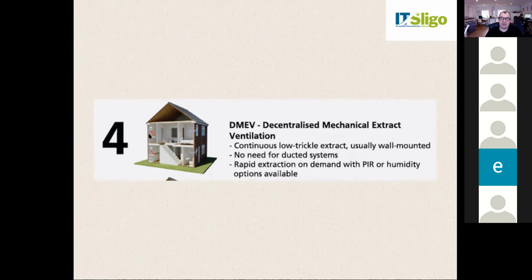They are then continuously extracting moist air out of the building, and it's then bringing the cold air in and warming it and bringing it back into the bedrooms and the living rooms. The advantage with this is that it doesn't need a load of pipe work and duct work through the building.